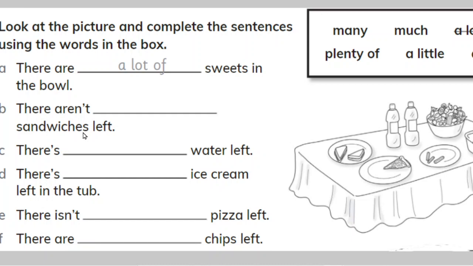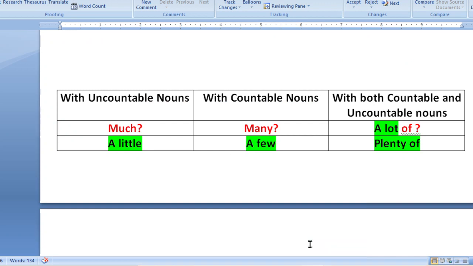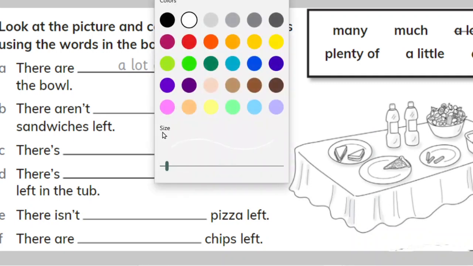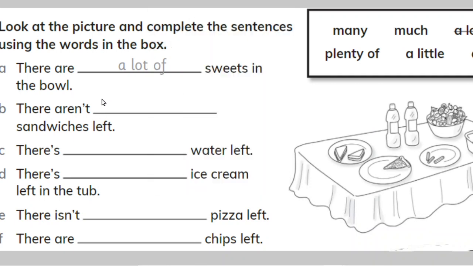So what does that mean? It's countable, or rather plural also. There aren't many. Countable, many. So what will we write here? Many. Sorry, that's the only way I can write. So we have used up many also.